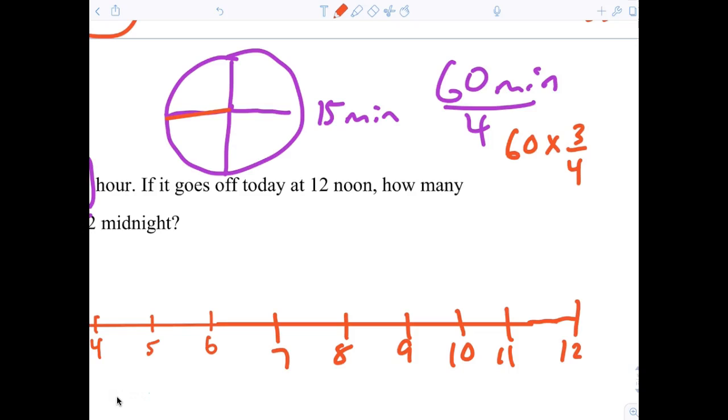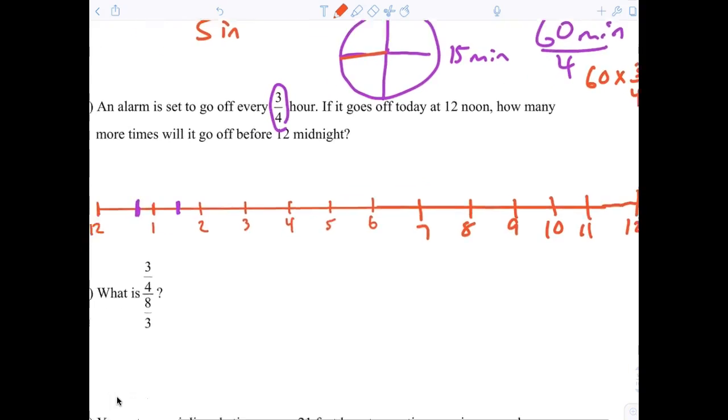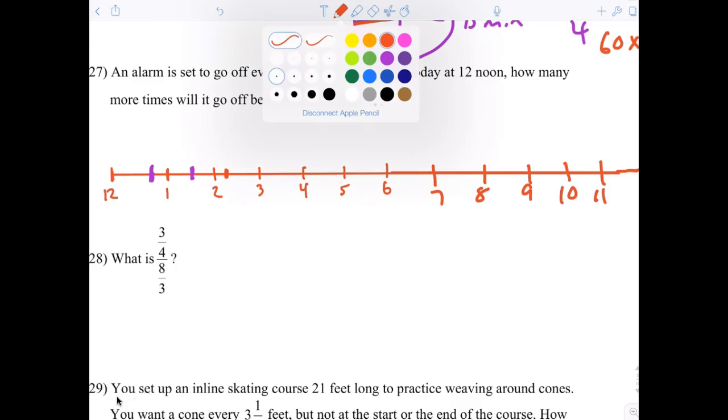All right. So I have every 45 minutes the alarm goes off. Do you agree? So now we're doing it together. So we're at 1:30, and then it's going to go off at what? Yes, at 2:15 it's going to go off. Let me get my other one.